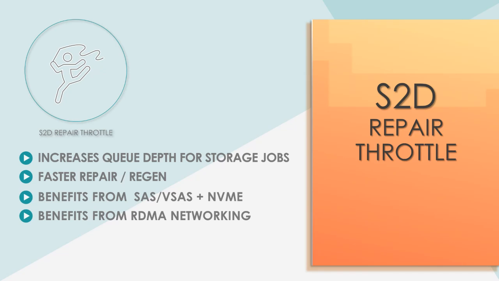Whereas an alternative, where you have a single tier all flash with SAS, value SAS or NVMe drives, providing a queue depth of 256 or 1,000, 5,000 for each NVMe drive, will be able to handle this higher setting much easier. So, to go to very high, you also have less impact to the storage and workloads.